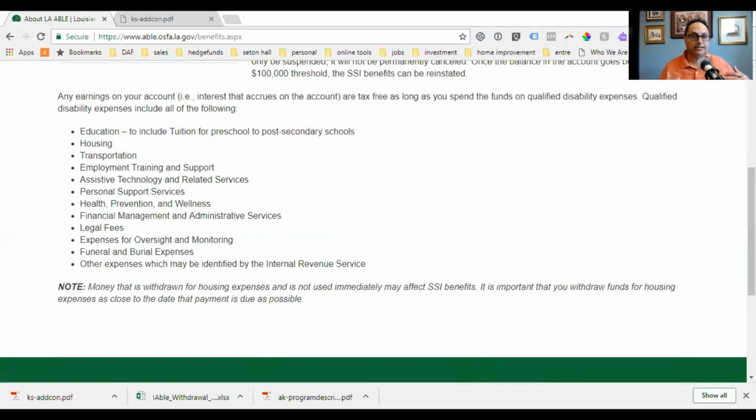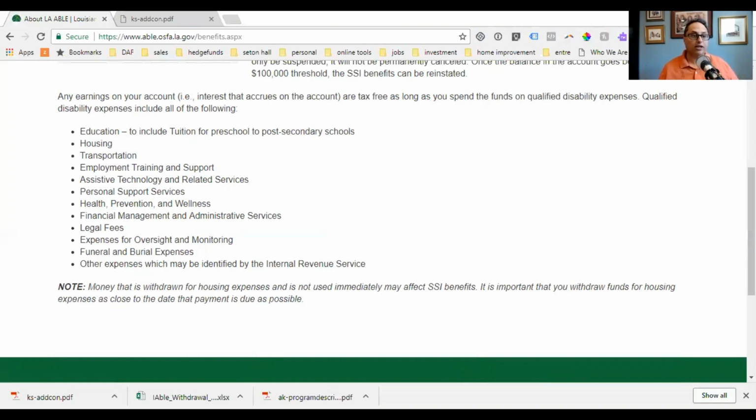Can you send a friend of yours on a cruise? The answer is no. Can you go on a cruise yourself? Yeah, right? If you are the individual with special needs, and that money is supposed to go to benefit you, the individual, or your child, or your friend with disabilities, or somebody that you're looking after, if you're managing care.